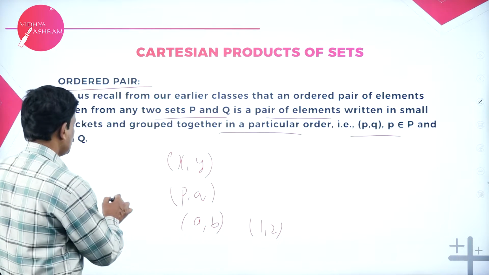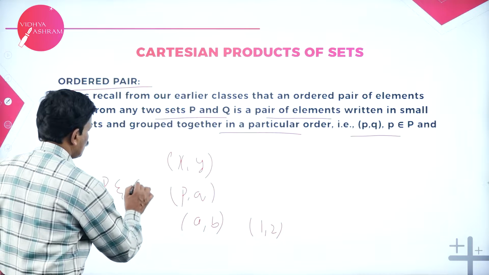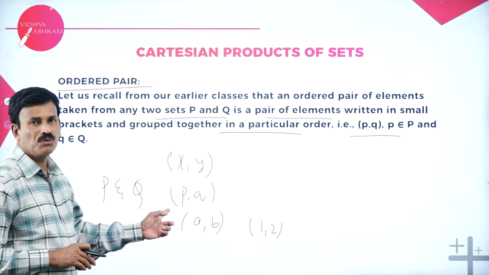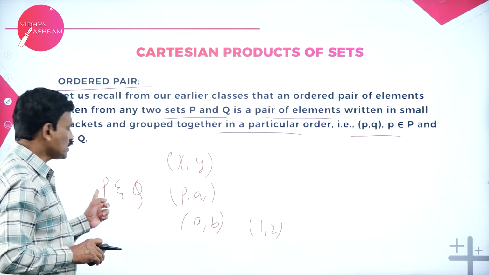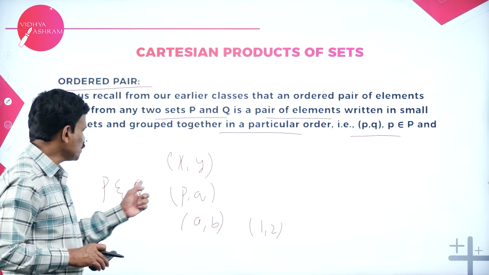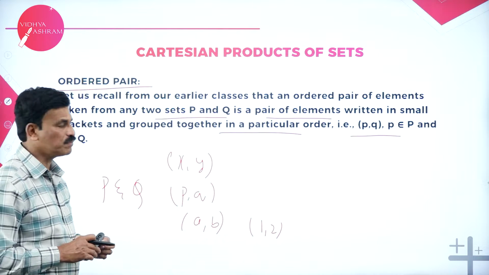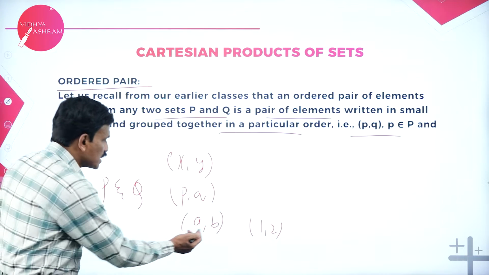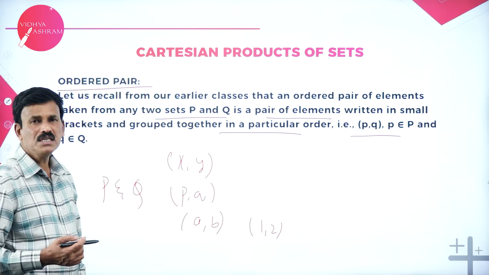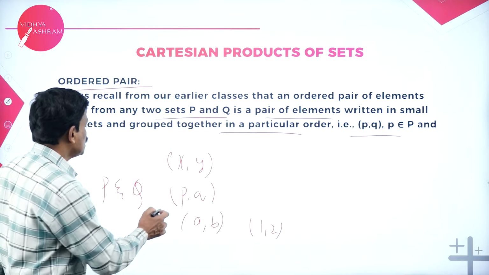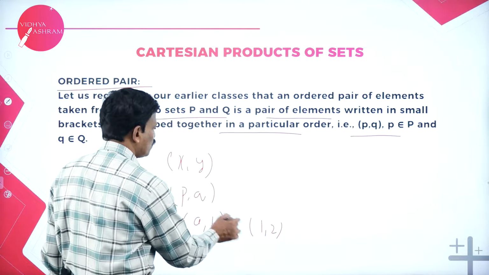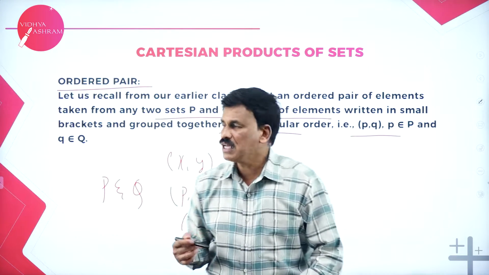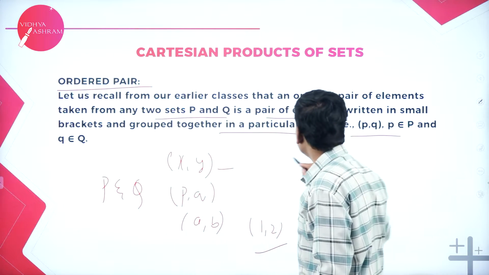That means for any two sets P and Q, the ordered pair is denoted as p comma q. Here p is an element of the set capital P and q is an element of the set capital Q. That means the first member is an element of set A and the second member is an element of set B. So a comma b, p comma q, 1 comma 2, x comma y in particular represent an ordered pair.